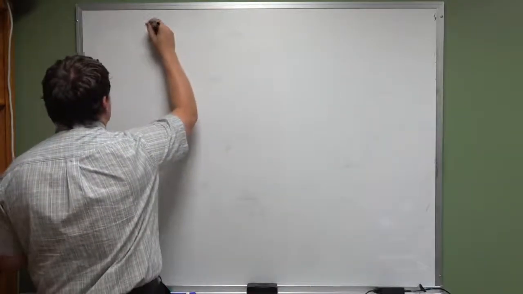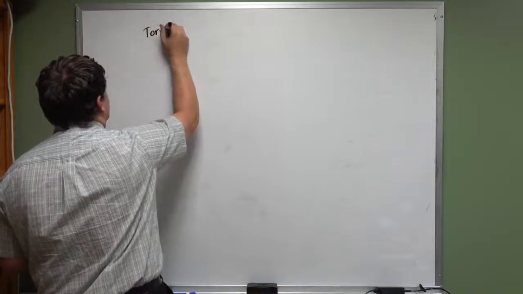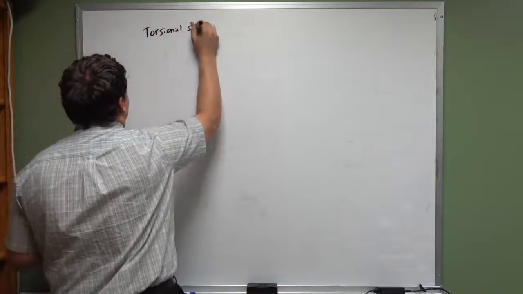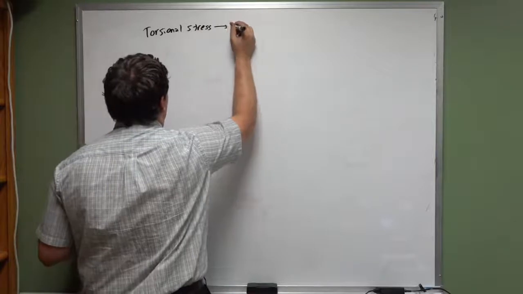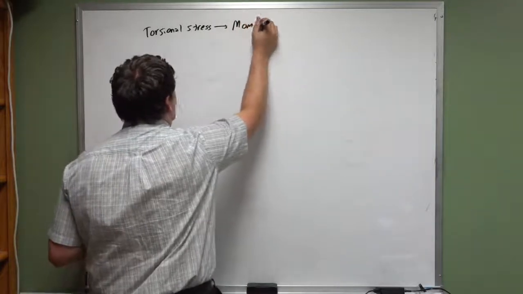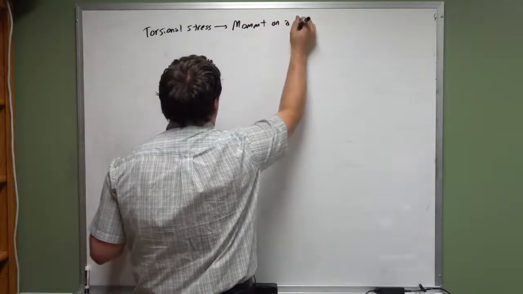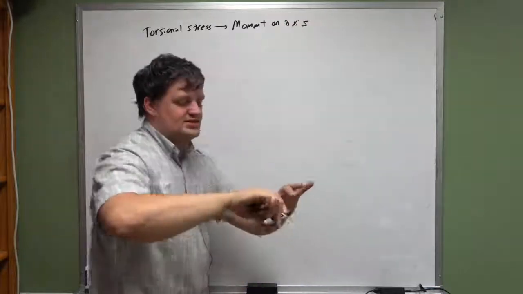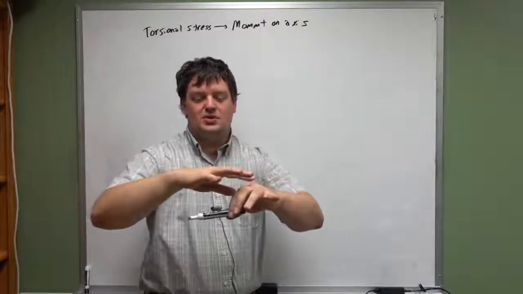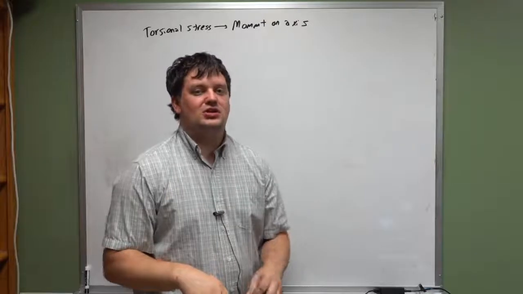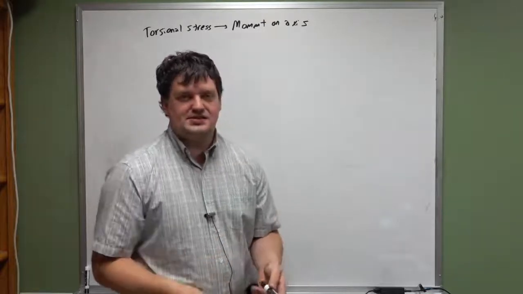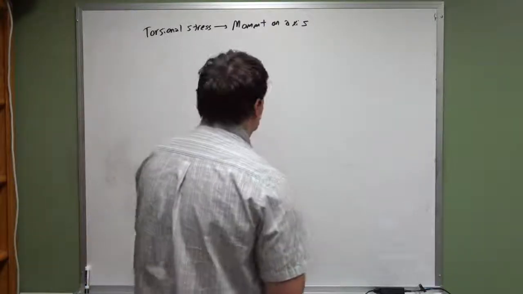So, a torsional stress. This is caused by a moment that is on axis with each other. So again, if I twist this, the moments created on both sides of the marker travel through an axis that is in the center of this marker.